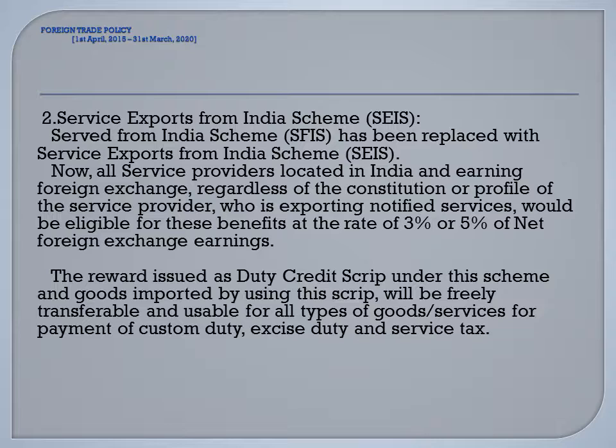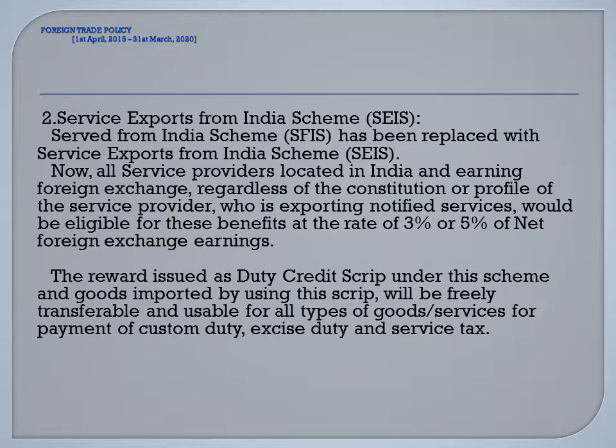Service Exports from India Scheme, SEIS. The Served from India Scheme, SFIS, has been replaced with the Service Exports from India Scheme, SEIS. Now all service providers located in India and earning foreign exchange, regardless of constitution or profile of the service provider, who are exporting notified services, would be eligible for these benefits at the rate of 3% or 5% of net foreign exchange earnings.